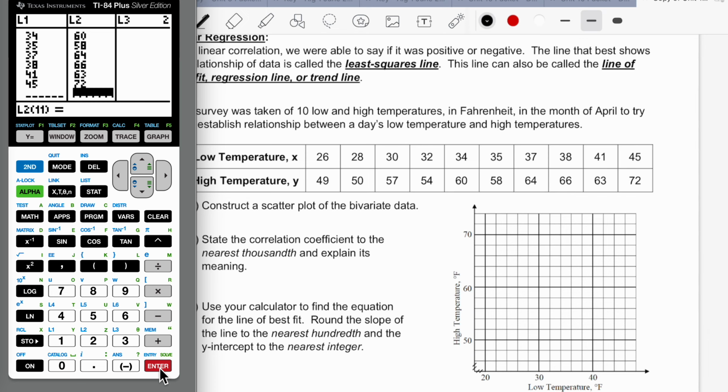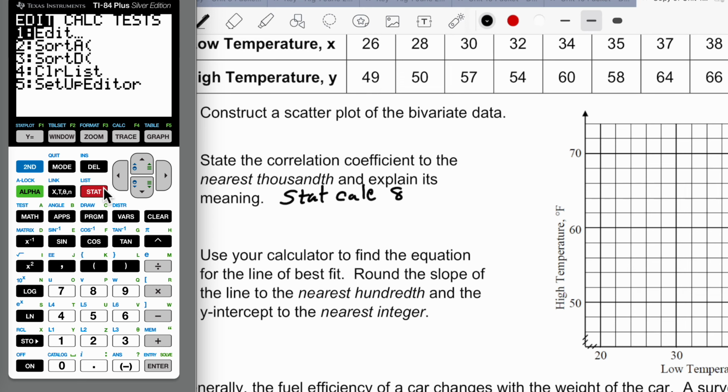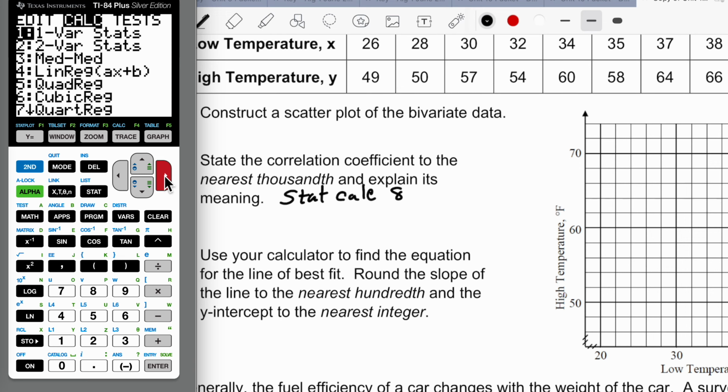So once you have your data in, you're going to hit stat, and we'll do the scatter plot in a minute. We'll do that together, but you're going to hit stat calc 8. All right. So stat calc 8. So stat, right arrow to calc, right on down to 8.